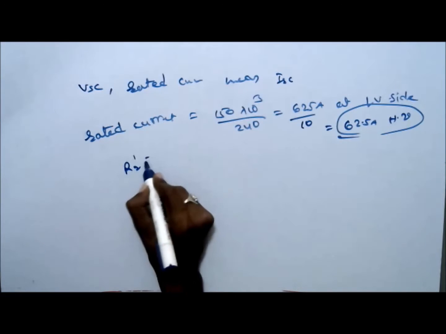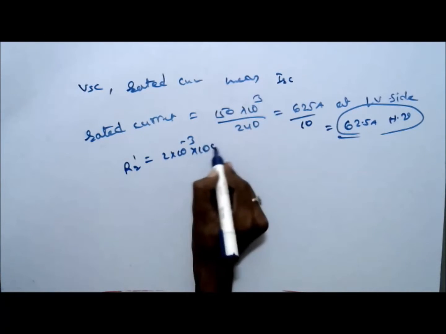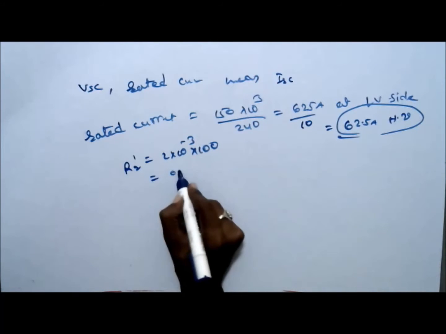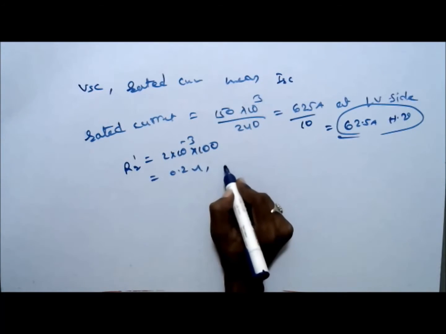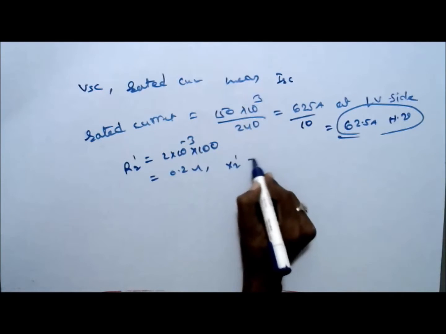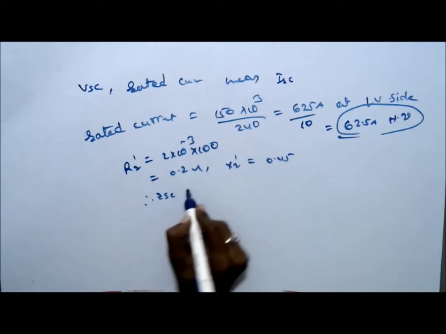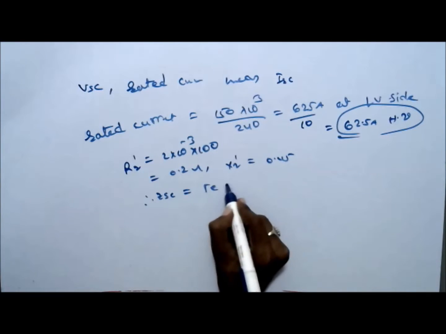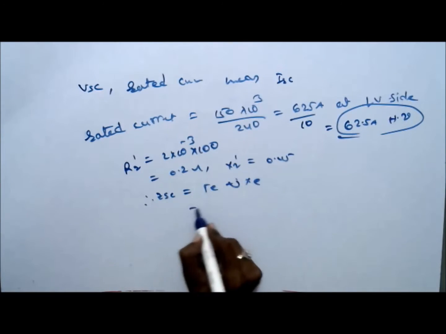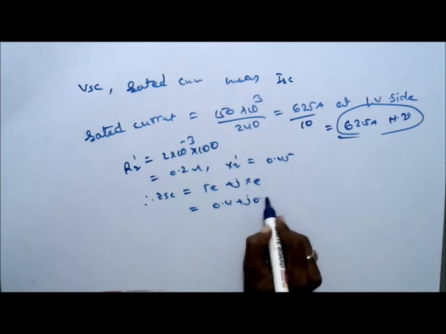So R2 dash is equal to 2 into 10 power of minus 3 into 100, that is equal to 0.2 ohms. And X2 dash referred to the primary is 0.45 ohms. So ZSC is equal to RE plus j XE, that is equal to 0.4 plus j 0.9 ohms.